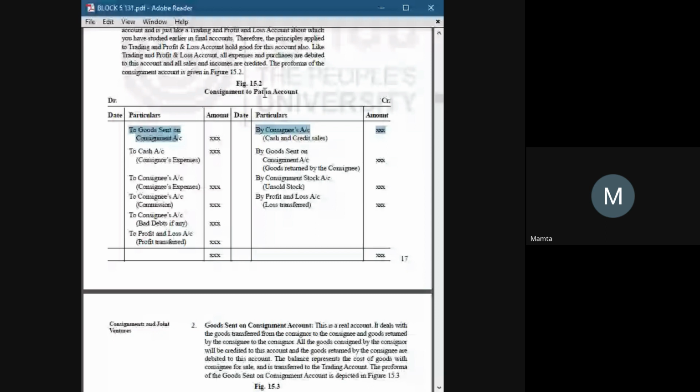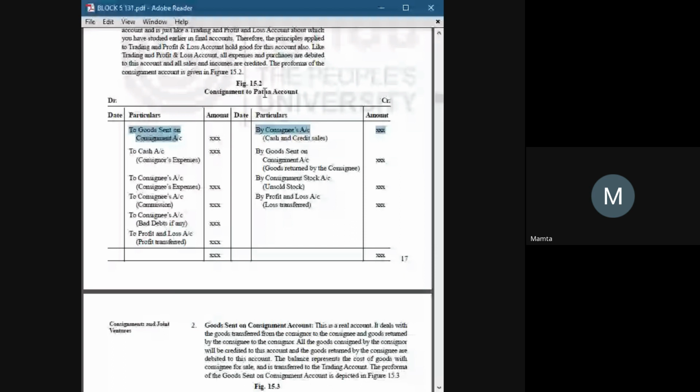As you can see, we have debited all the things. In the start we send the goods on consignment, so the first entry would have been consignment account debit to goods sent on consignment.